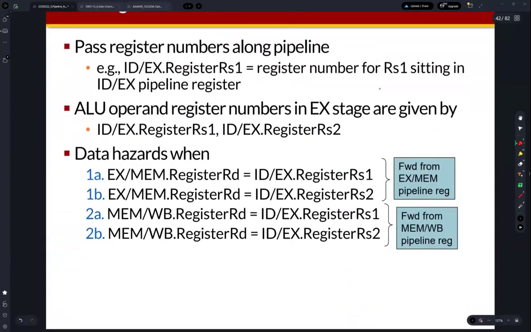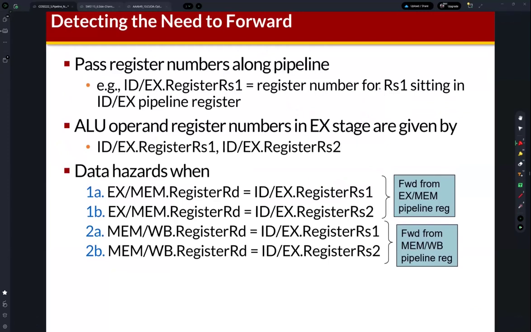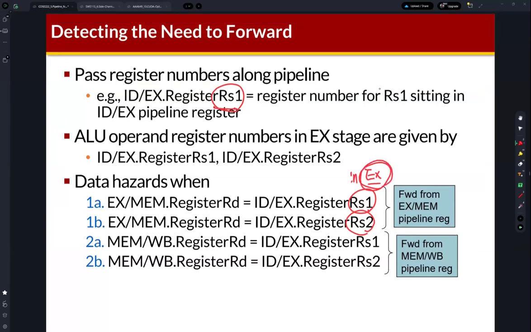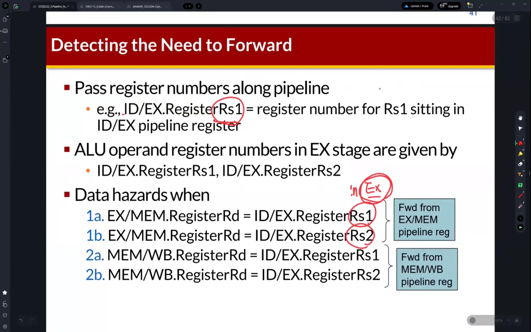Let's see the condition of data forwarding. As I mentioned, we check RS1 and RS2 in the EX stage. You can find that the representation is a little bit different: you can find ID/EX.